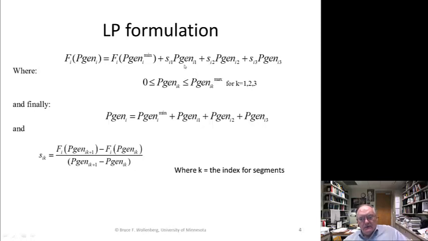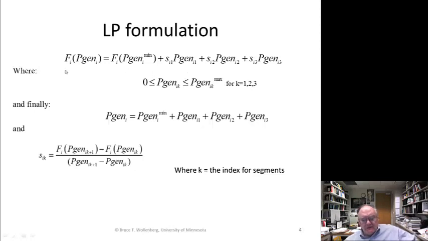If we assume that each P gen is between 0 and some max, and the slopes are in order S1, S2, S3, then when the first segment is being used, the P gen for the second and third segments will be 0. But once you hit the max for the first segment, if you want any more power, the second has to start coming up from 0 to its max, and then the third. So it loads in this order: first, second, third.